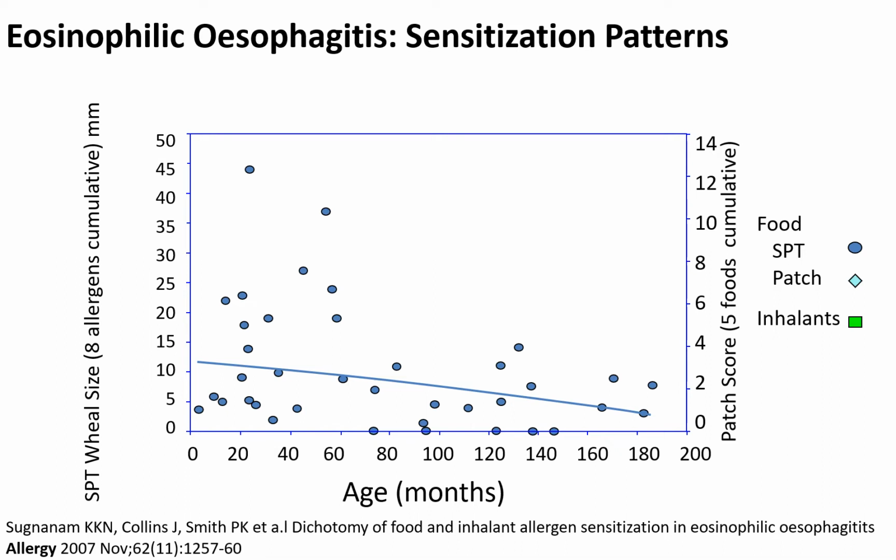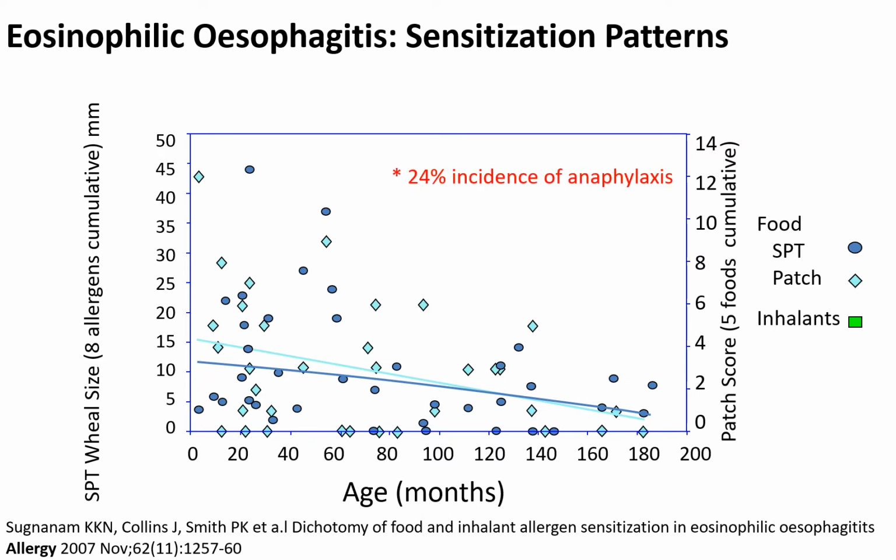As you got older, we showed less IgE sensitization to this. We certainly showed patch testing also seemed greater when we reacted, and this is the grade of the patch testing to the 5 most common foods we patch tested for, which was milk, egg, soy, wheat and corn.